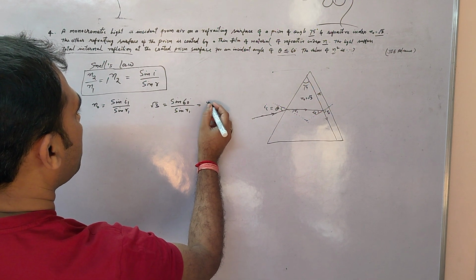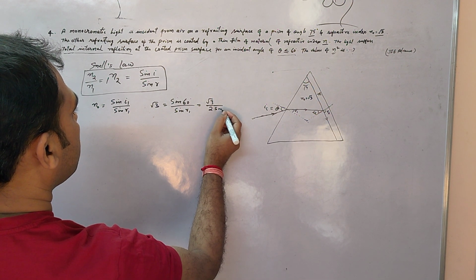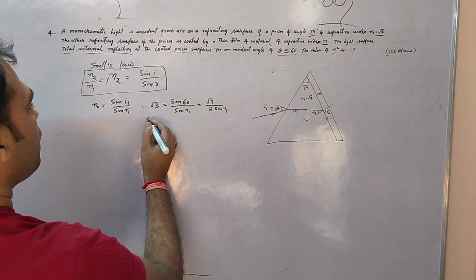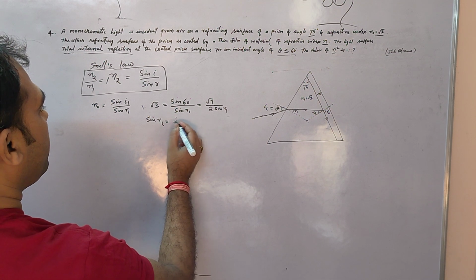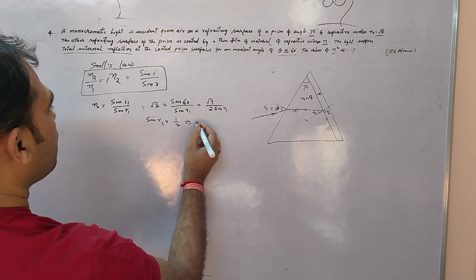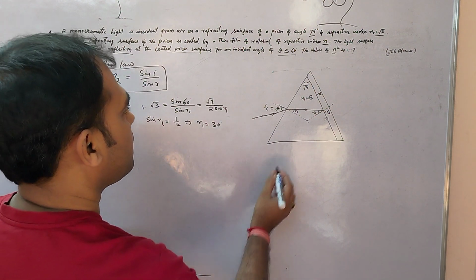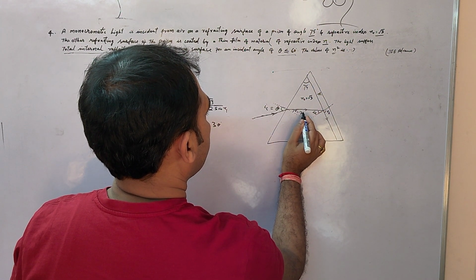This is equal to √3 by 2 upon sin r1. So from here sin r1 will be equal to 1 by 2, so r1 will be 30 degree.